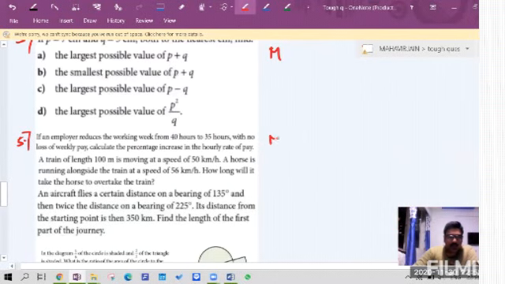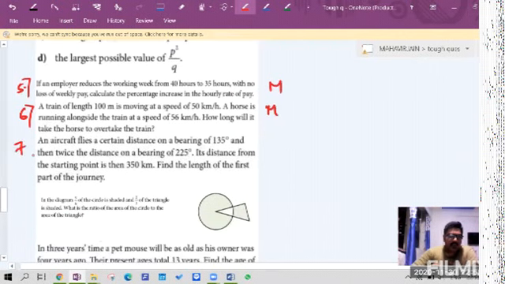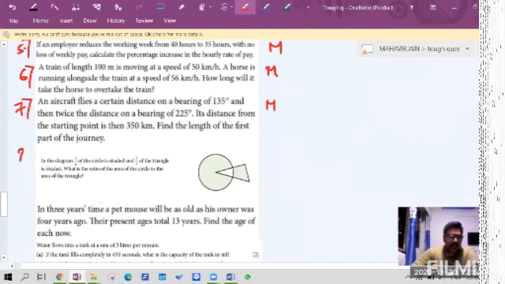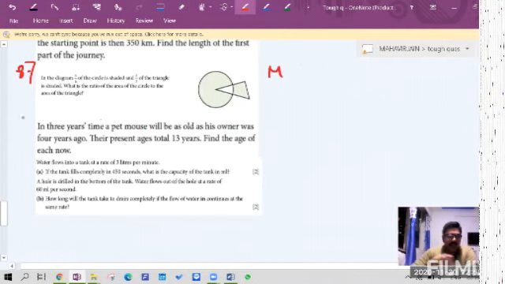Sixth, a moderate level question. Seventh, moderate level question. Eighth, a choosy one, can be done faster, moderate level again. Ninth, tenth, two more moderate level questions.